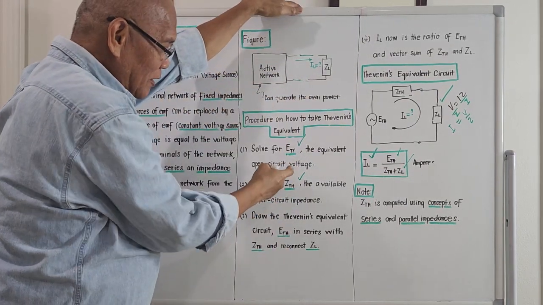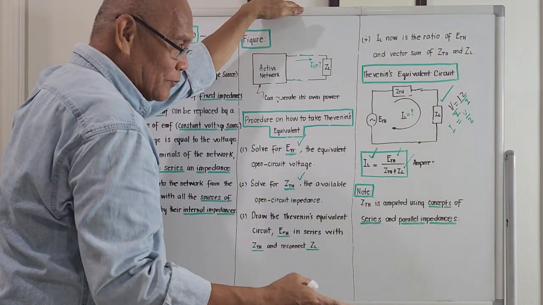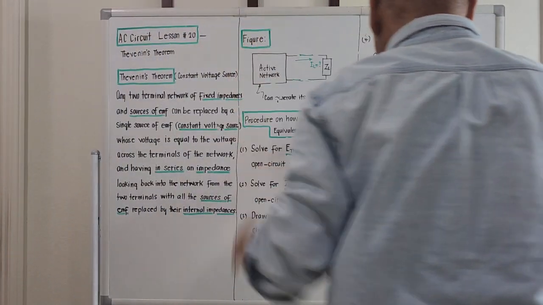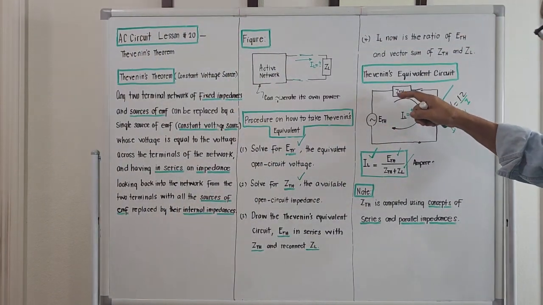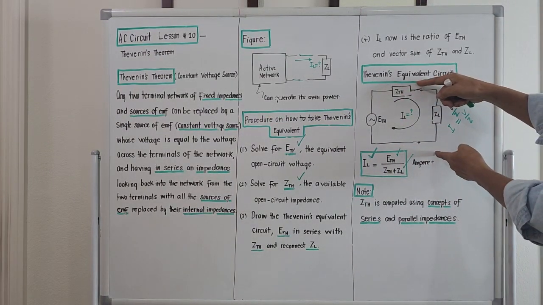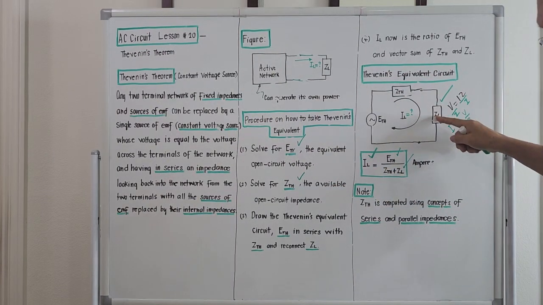After taking the values of ETH and ZTH, draw the Thevenin's equivalent circuit, and it will simply be a series circuit. The Thevenin's voltage is in series with the Thevenin's impedance, and if we reconnect the load across the terminal, what comes out now will be two series impedances.